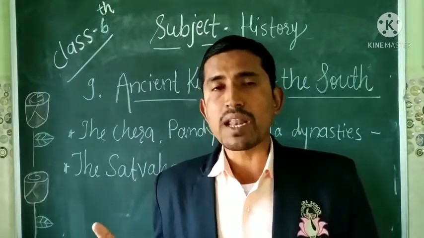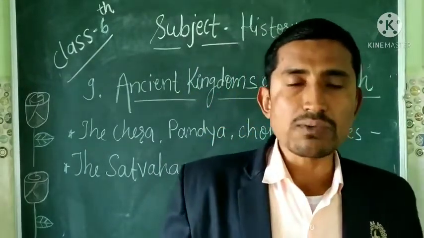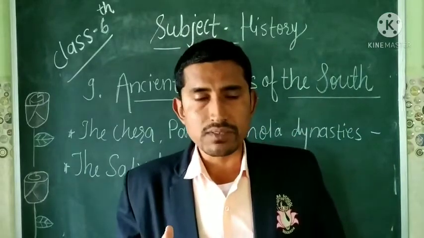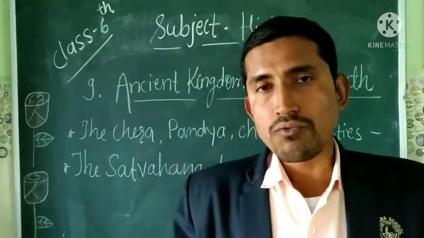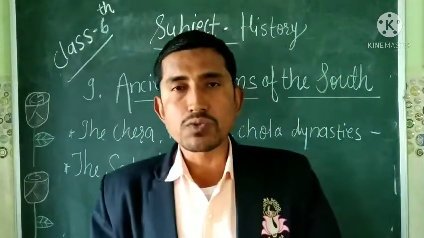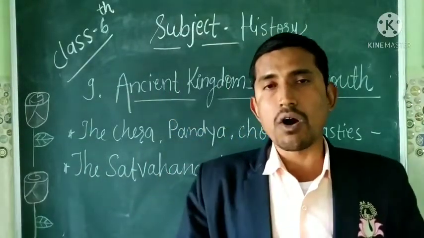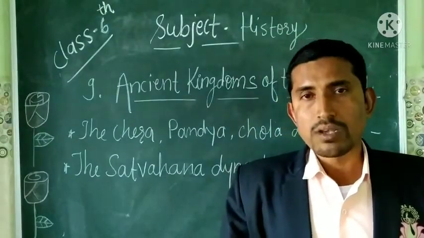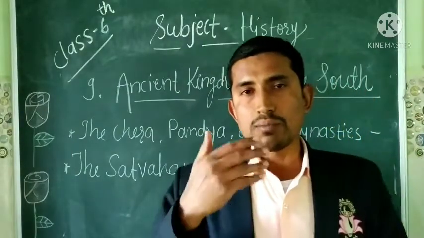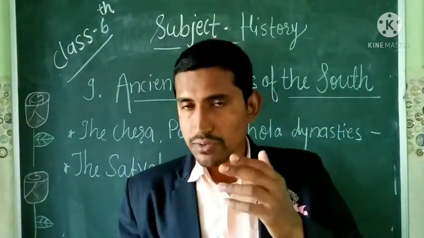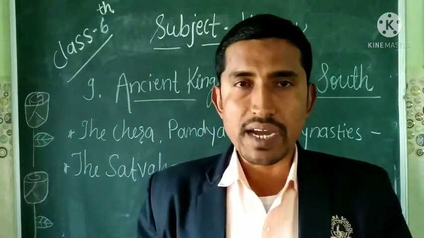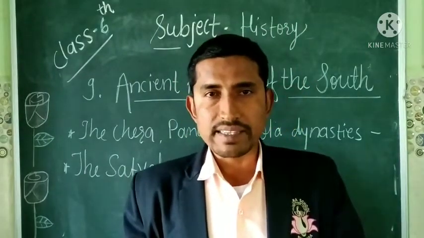Because up to the last lesson we studied the kingdoms or dynasties which were ruling in the north or northwest region of India. In that we studied the Maurya Empire, then we also came to know about the Gupta dynasty and the Vardhan dynasty.